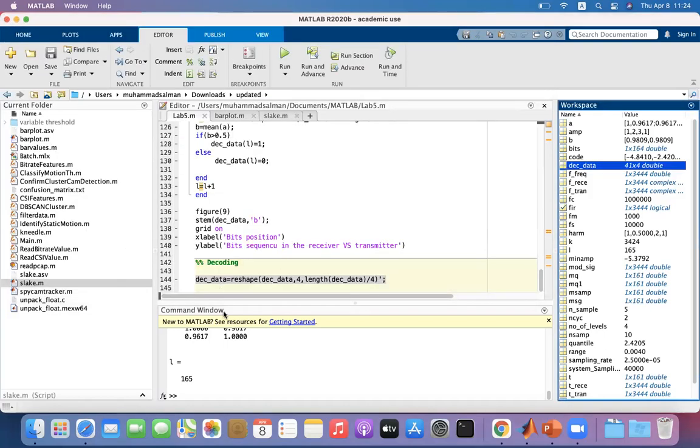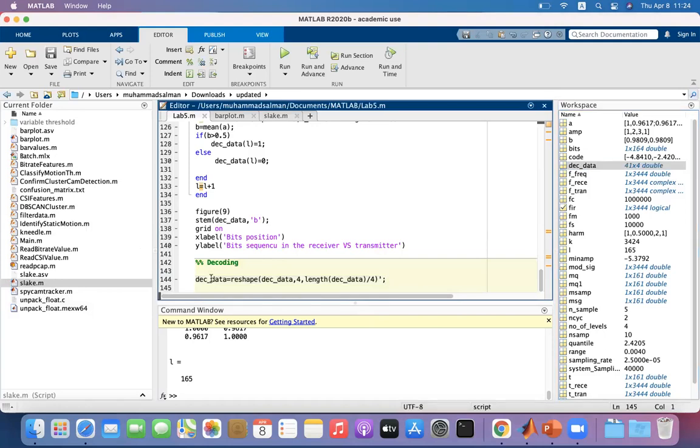Now I already have this binary data in reshaped form, and it's time to convert it into decimal form.